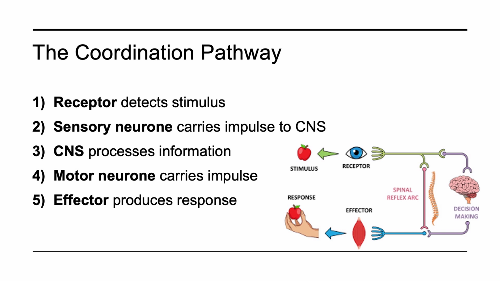The electrical impulse travels along a sensory neuron to the brain, our CNS. The CNS processes the information, and the impulse is then sent along a motor neuron and finally reaches the effector. An effector carries out the response. Effectors are usually muscles which can contract or glands which can secrete something.